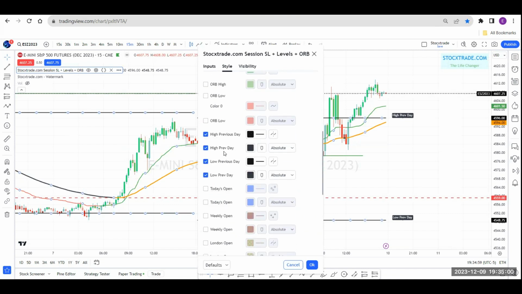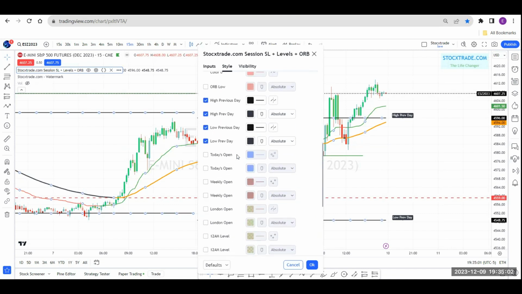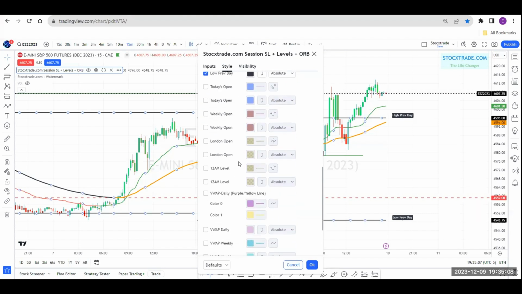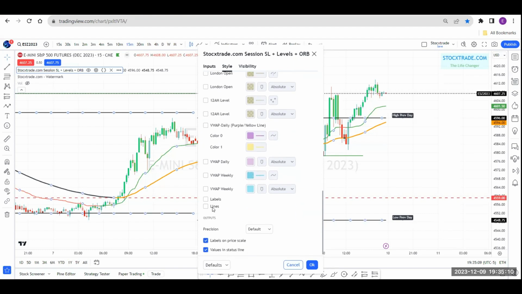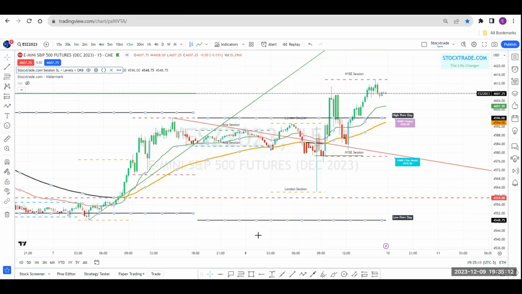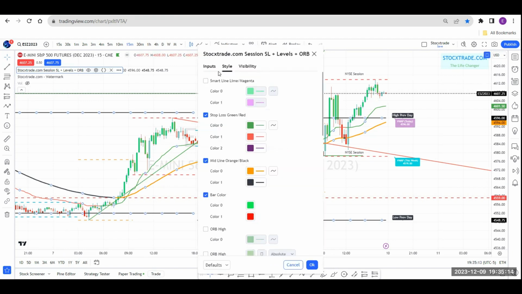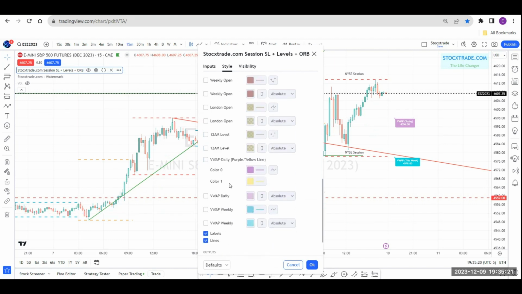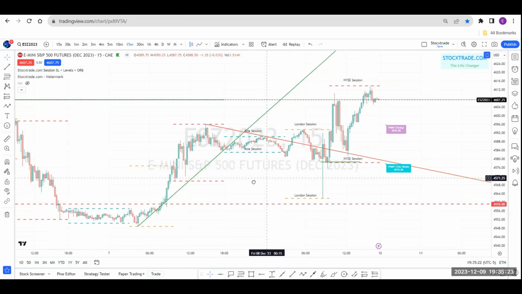Opening range, previous day high, previous day low, today's opening price, weekly opening, London session opening at 3 o'clock, midnight open, VWAP, weekly VWAP. Even session levels like the Asian session. These are your sessions.